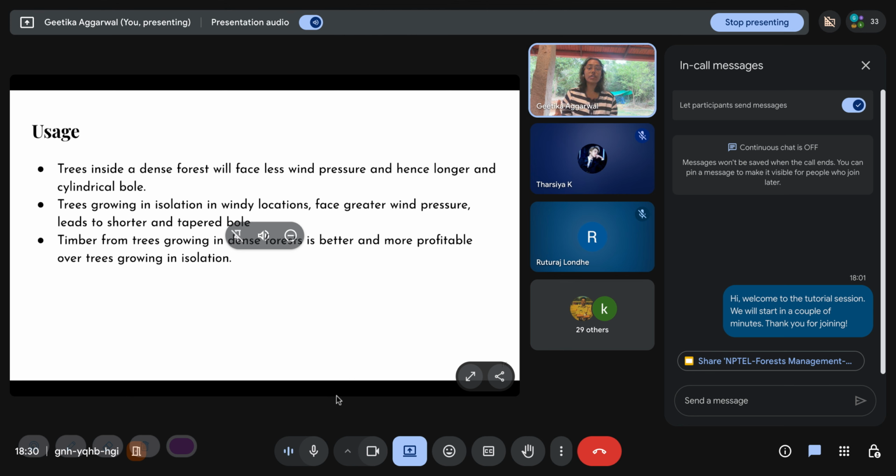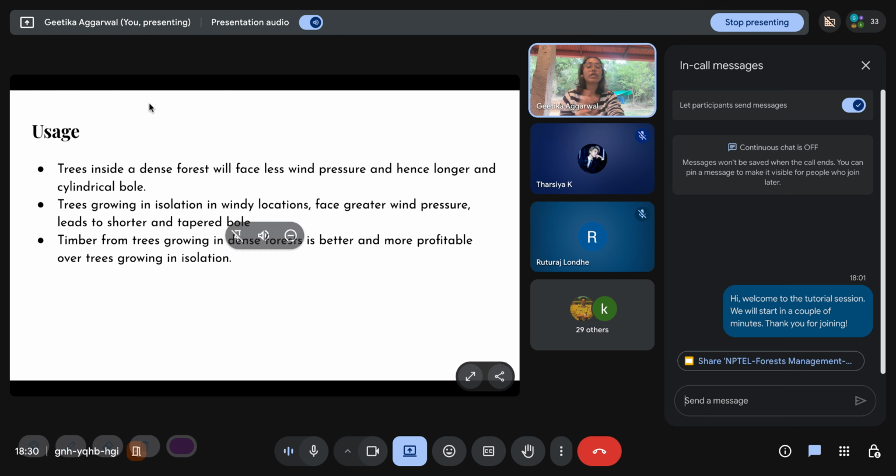Because when you talk about timber extraction, you need a lot of tree stem or the bole, and you want it to be cylindrical, more or less equal in shape. If you have a tree which is wider in one place and very narrow in the other, that's not very useful for timber extraction. So when you're talking about timber extraction, you would want to go for trees in the dense forests.